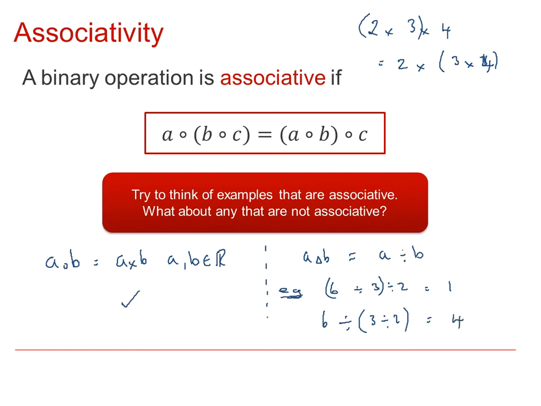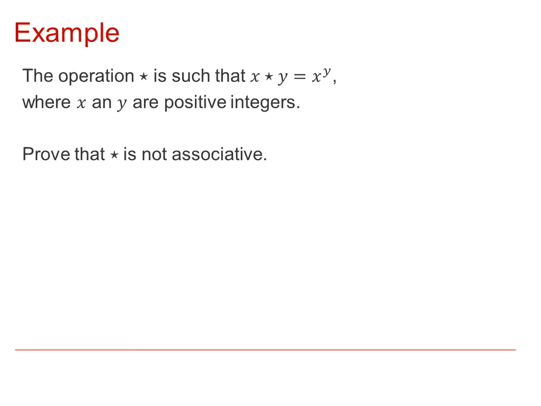They're not equal to each other, and therefore these are not associative. So to prove something is not associative, it's usual just to do it by finding some example that doesn't work.